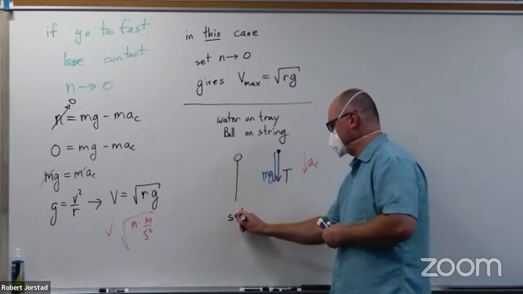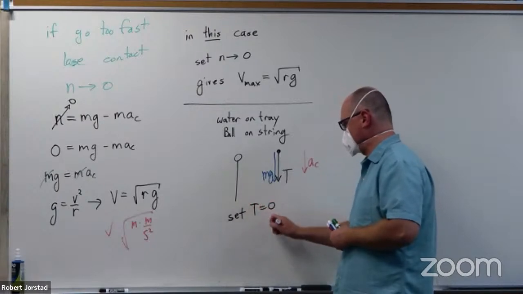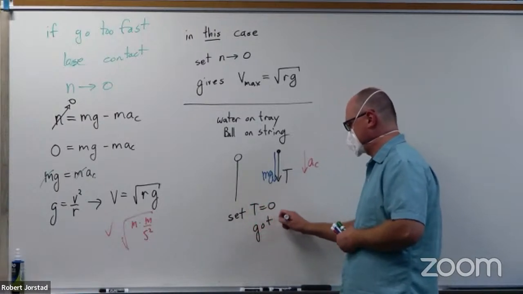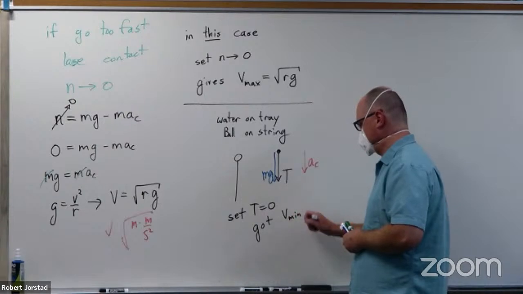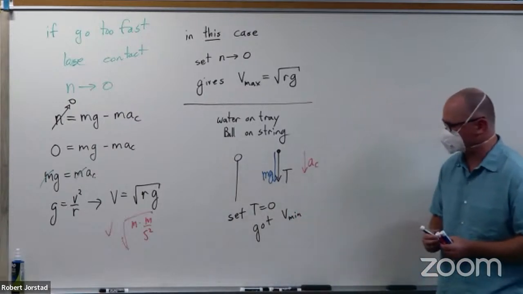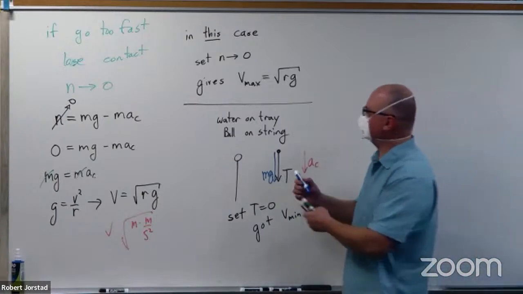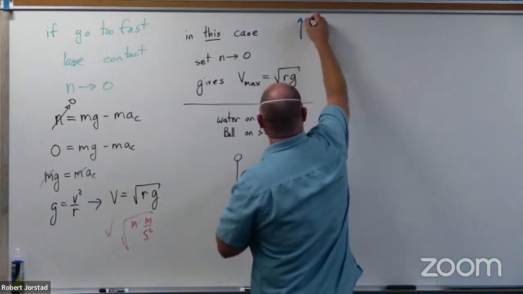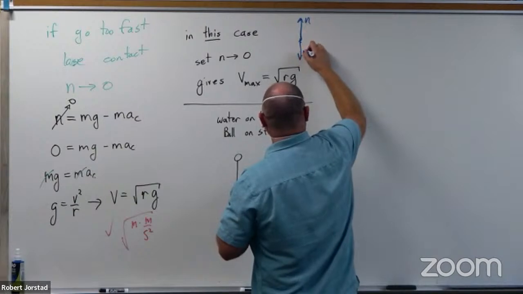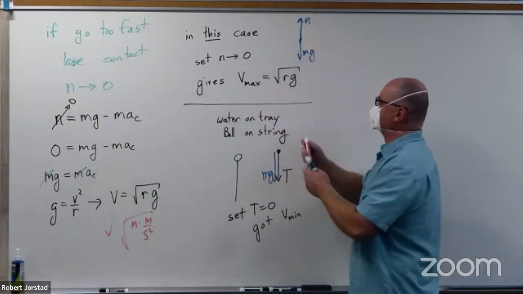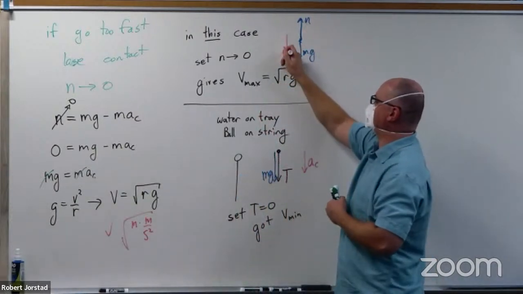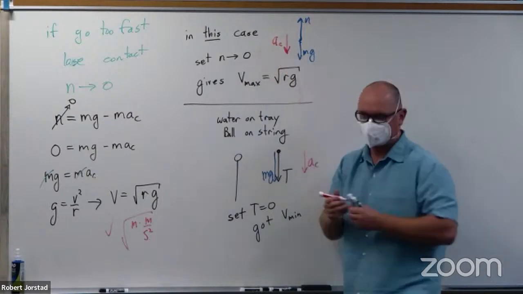We set t equal to 0, got the minimum, right? The minimum speed. Notice if the arrows point in different directions, up here in this one, we had a normal force up, an mg down. They're different scenarios. They give different max or mins.